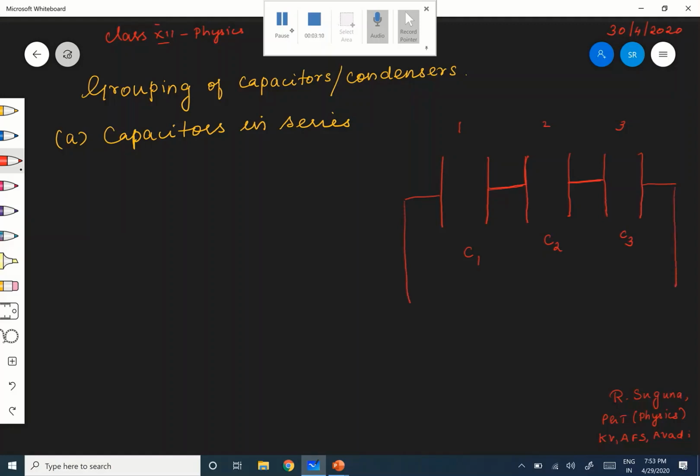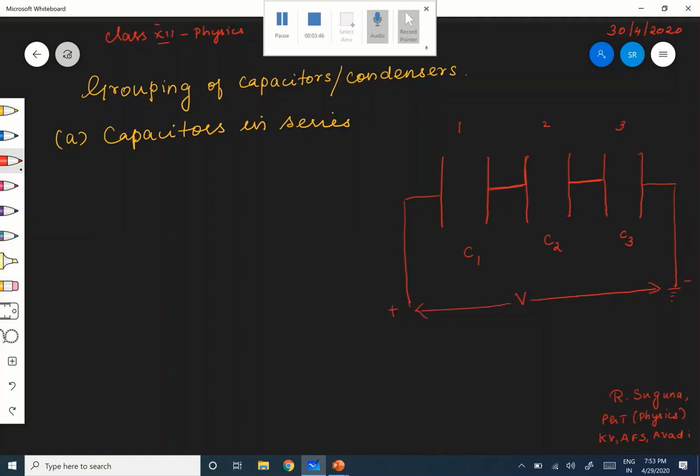This end is positive and this end is negative, which is usually earthed. The total potential given across all the capacitors is V.